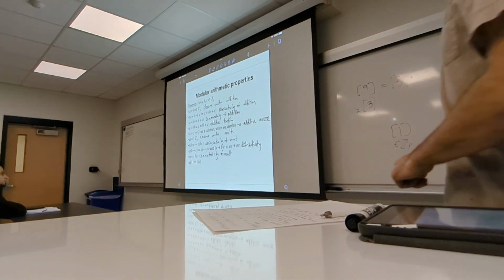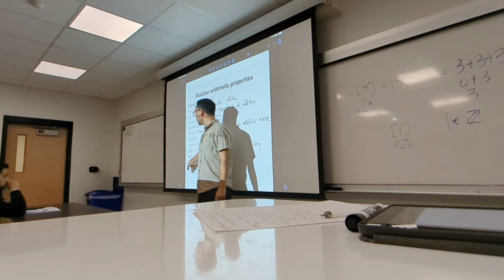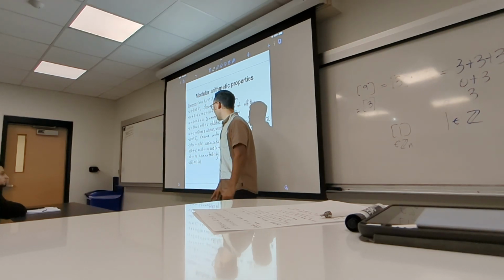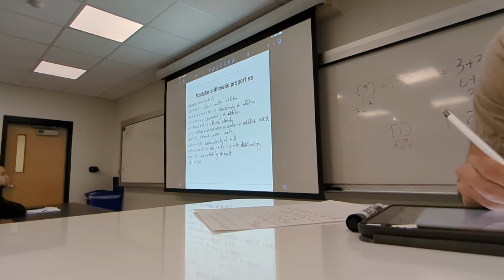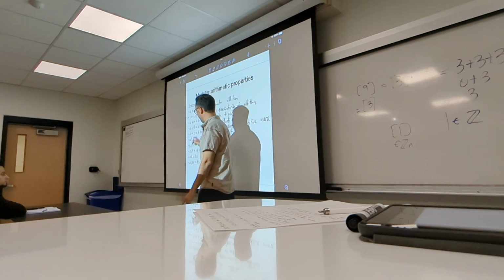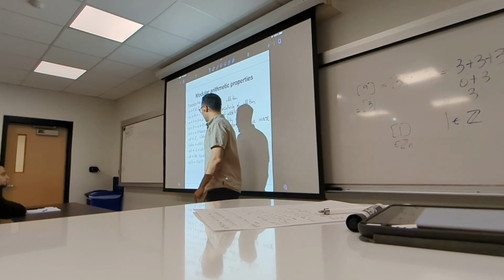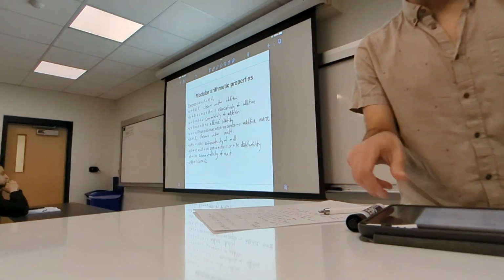And lastly, we have a 1 element, something that we can multiply by A and get A back identically. And we refer to the thing we can multiply by and get A back identically as the multiplicative identity.